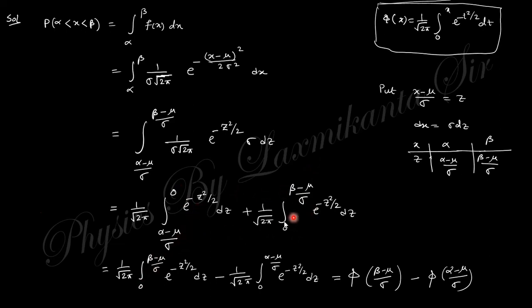And if you change it here, this is in the opposite sign, so they change this limit, so there is a negative sign here. And you can see this is nothing but phi of this one, and this is phi of this one. Just use this formula. Very simple, but the question is very large. That's it. So I think it is clear.